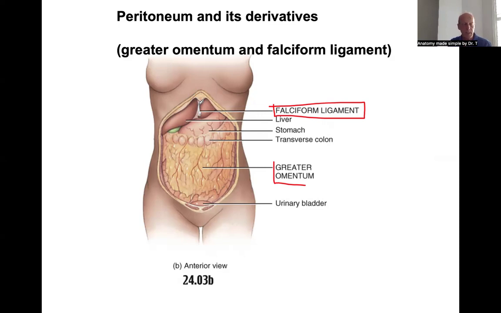Otherwise, the liver, which is as big and as heavy as 2 kilograms on average, under gravity would have no incentive really to stay in the uppermost part of the abdomen. The liver, just for the record, is also an intraperitoneal organ, and the falciform ligament is one of the structures that are holding it in place.